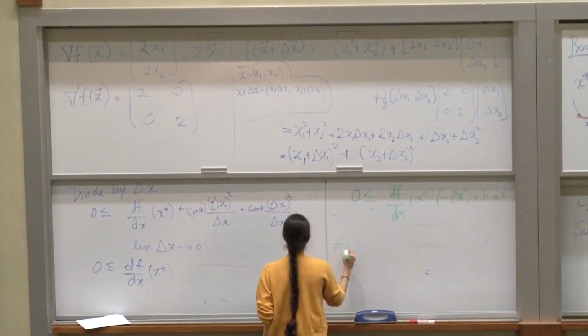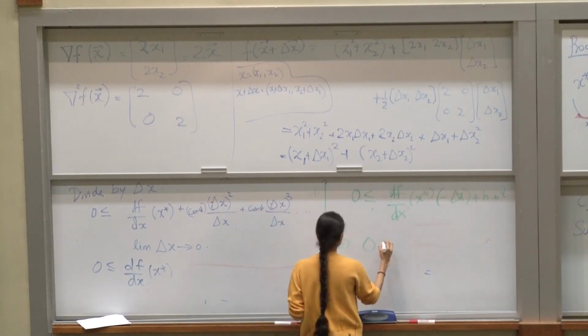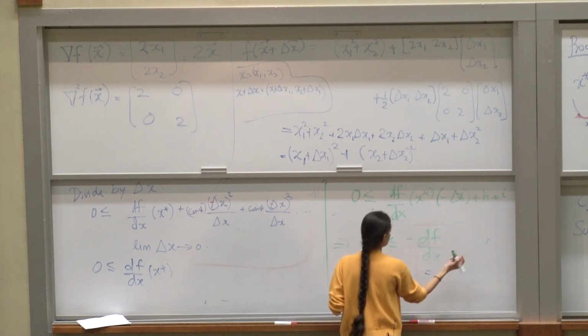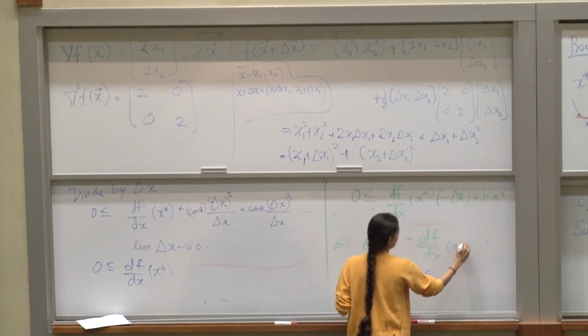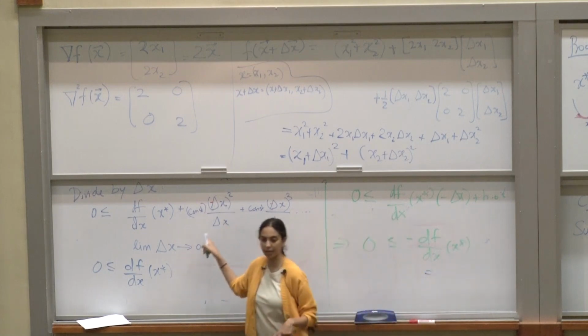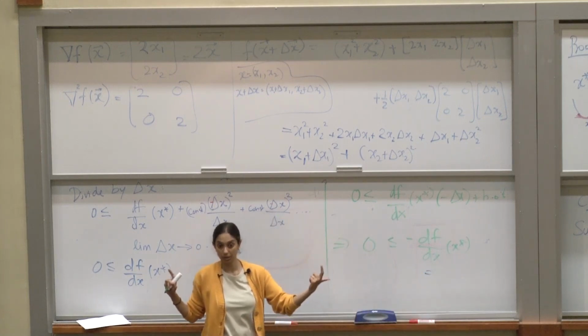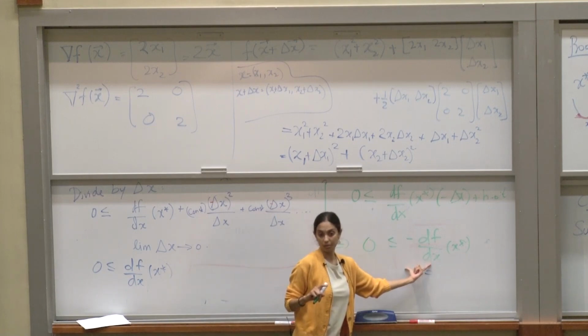This time, it gives me that 0 is less than or equal to minus df by dx at x star. Do exactly the same thing: divide by delta x, take the limit. Everything else will disappear except for this term.